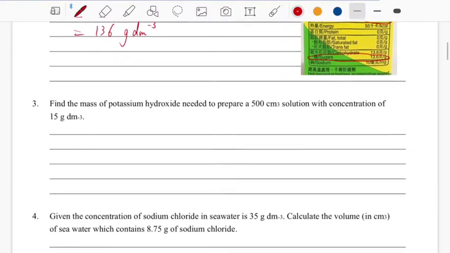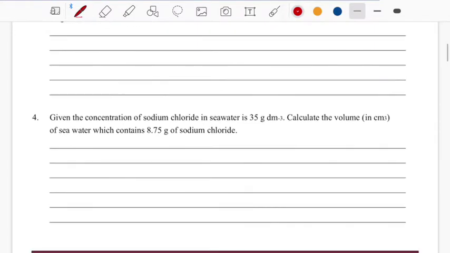And then for question 4, given the concentration of sodium chloride in seawater is 35 gram per dm cube, calculate the volume in cm cube of seawater which contains 8.75 gram of sodium chloride. If we take a look at the formula we have, concentration equals mass over volume.